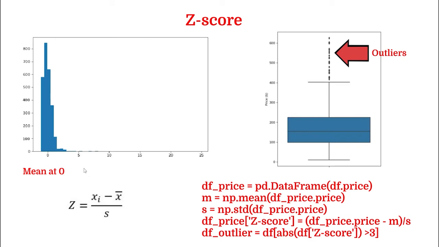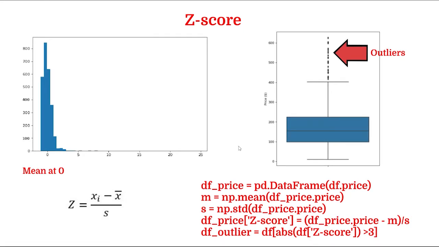Therefore, the resultant z-scores' standard deviation will be equal to 1. We have the z-score distribution shown here for the price column for the same data. We can see that the mean here is 0 with a long tail distribution on the right side. Obviously the standard deviation will also be 1 since this is a z-score distribution.